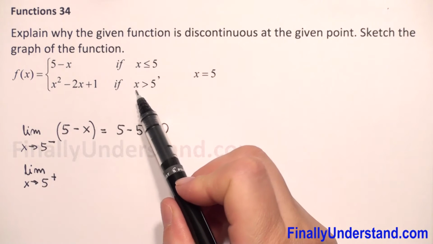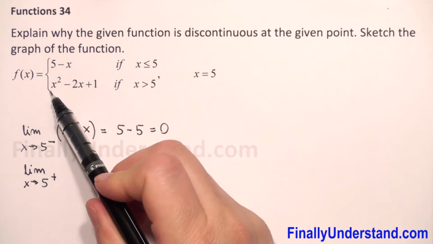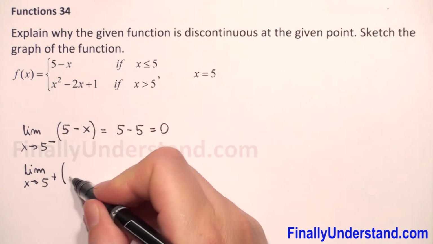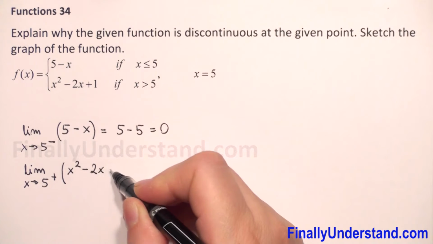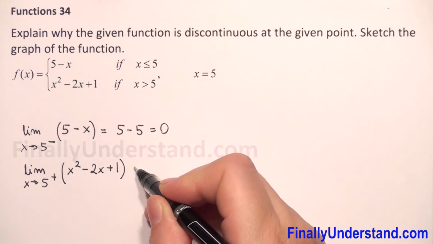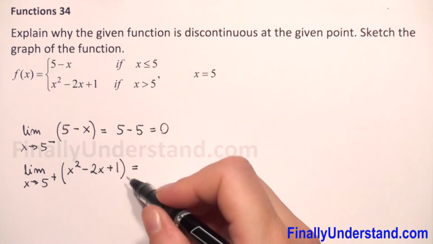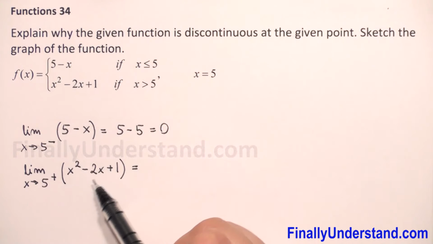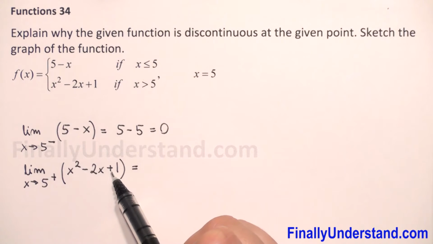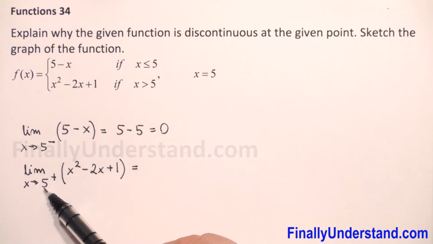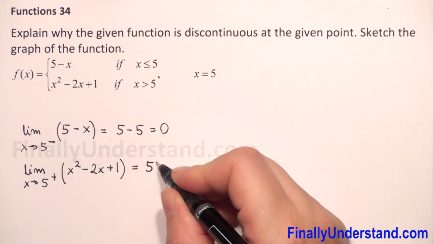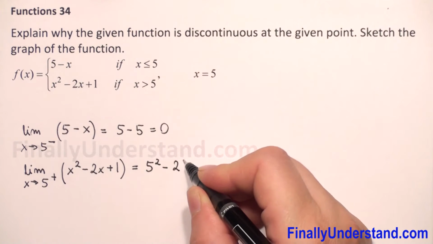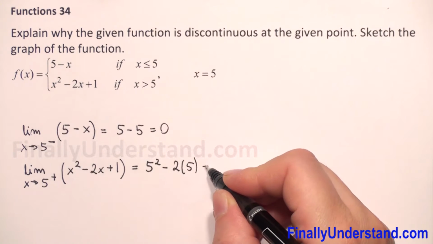Next, we have to check the limit as x approaches 5 from the right. From the right, for x greater than 5, we have this formula, x squared minus 2x plus 1. Again, because we have a square, multiplication, subtraction, and addition, we can replace x by 5. So we have 5 squared minus 2 times 5 plus 1.